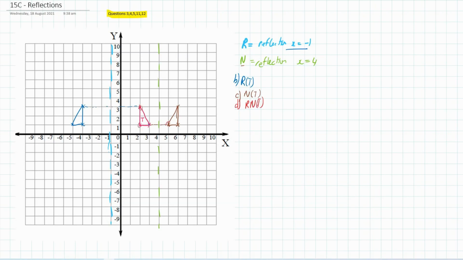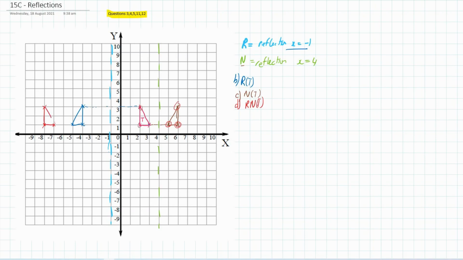So you can see if I start here and go 1, 2, 3, 4, 5, 6, I've got to go 6 on the other side. So 1, 2, 3, 4, 5, 6. I think that point is going to be there. And since the point next to it, this one, is 1 further away, I can pop that 1 further away on the other side of the line. And I know that this point here is 2 up from that point, so I'm just going to go 2 up from that point, and that would be my reflection.